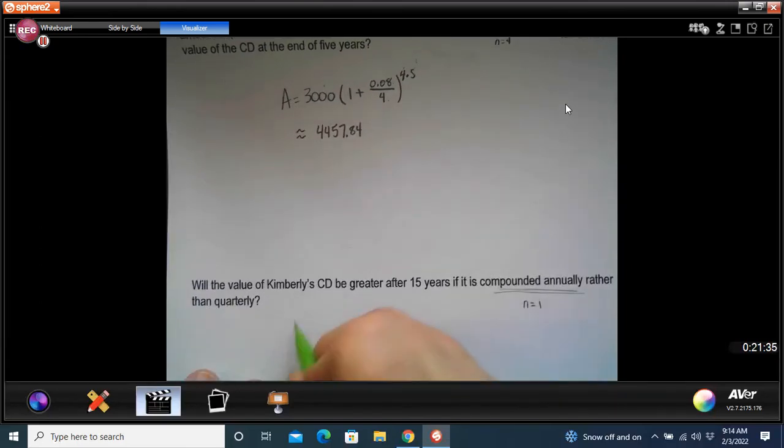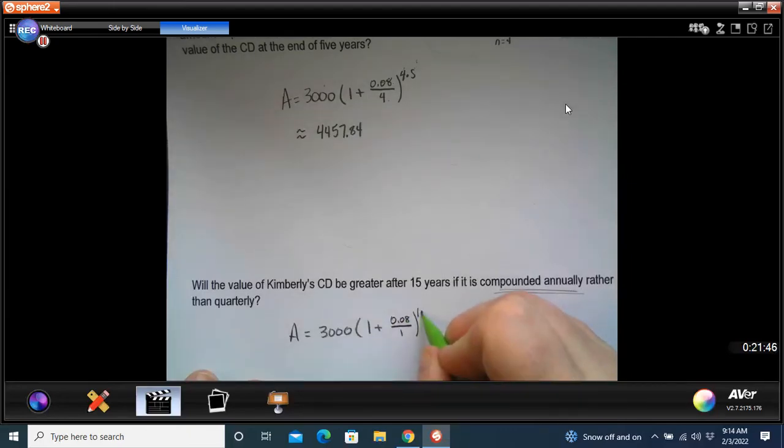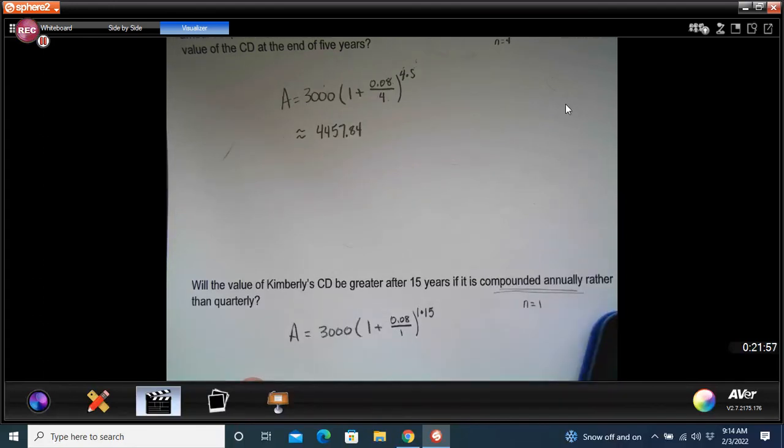So again, $3,000 times 1 plus 0.08, compounded annually, so n is 1, to the 1 times 15. So we get 3,000 times 1 plus 0.08 divided by 1, to the 15th power.